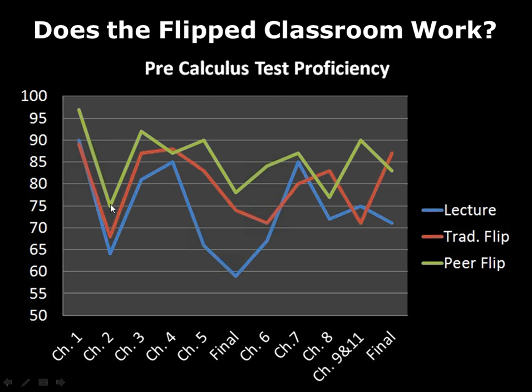Here, 75% of my students ended up getting 80% or above on that test. Same information here, lecture in blue, traditional flipped in red, peer instruction in green. And you can see on average the peer instruction is outperforming all the others. However, there is a little bit of fluctuation in the data. Ideally, I'd like to see the peer instruction always above, but the data is what the data is.